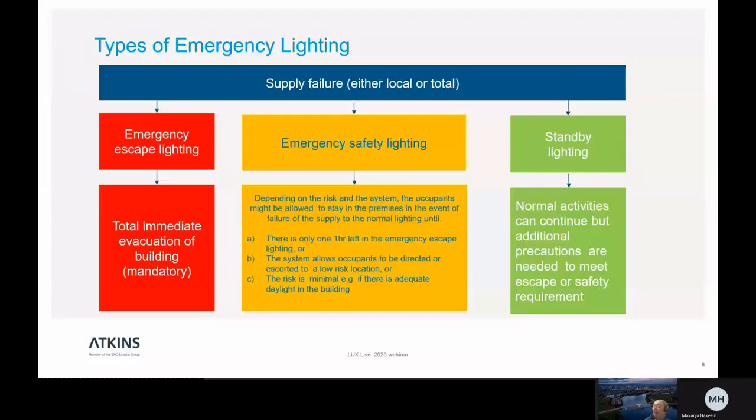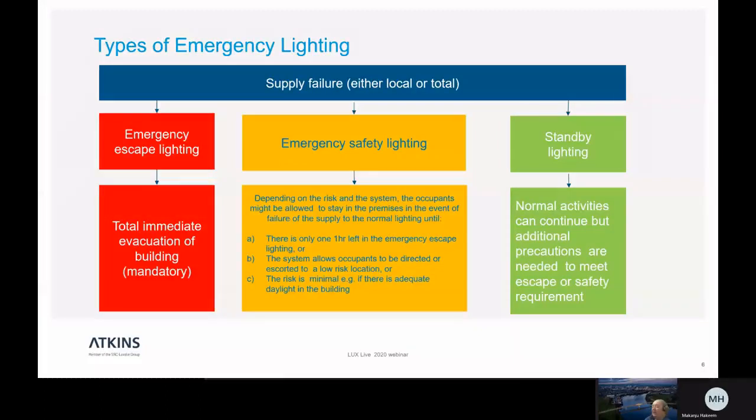So there will be a detailed fire strategy that tells you what you do. But BS 5266 says that you should provide emergency safety lighting when you are not escaping immediately, or when people are held in areas for a period of time. And it may be something like a care home, maybe a hospital or whatever, but it is where you are not immediately escaping.